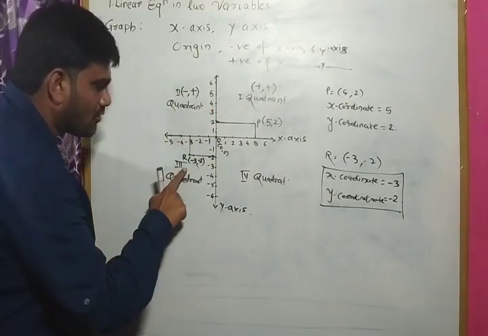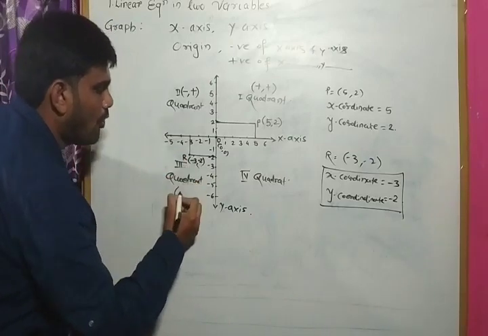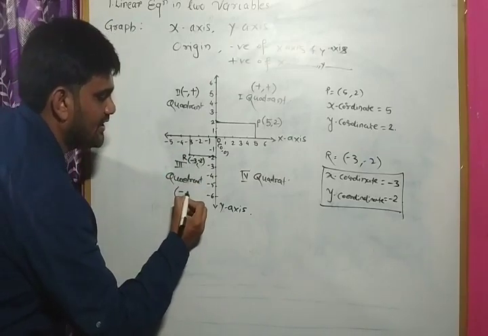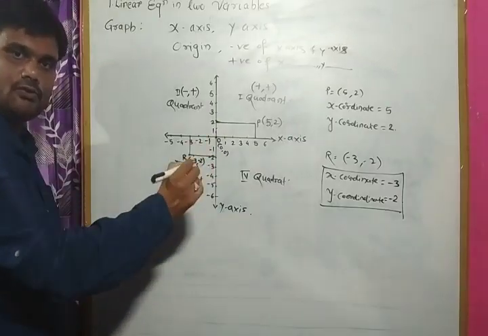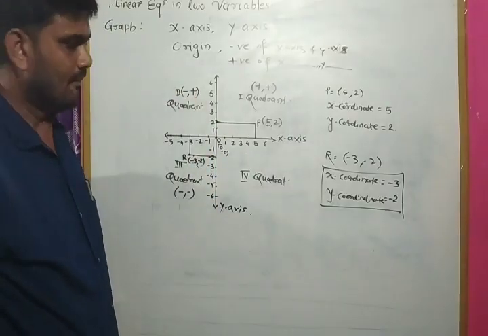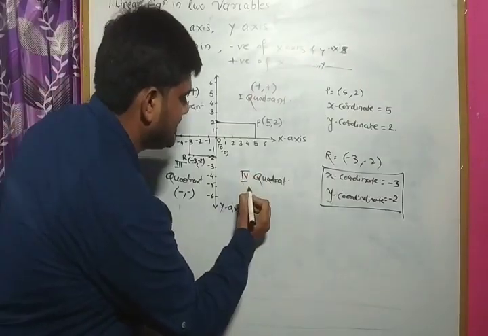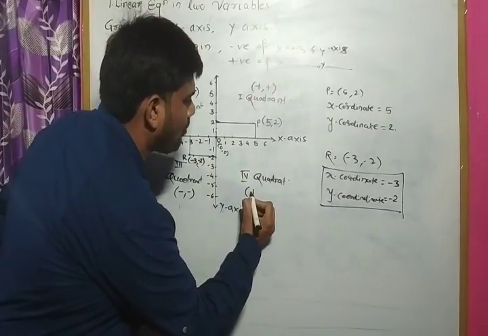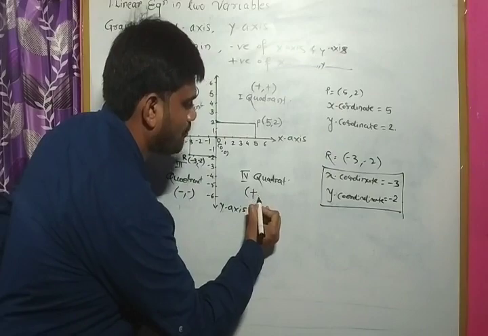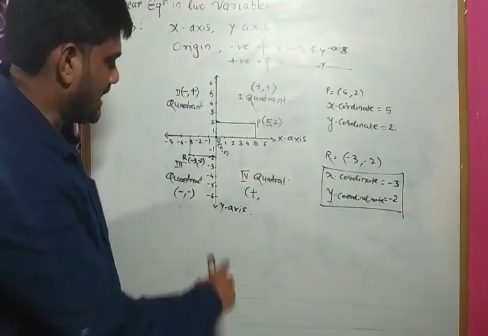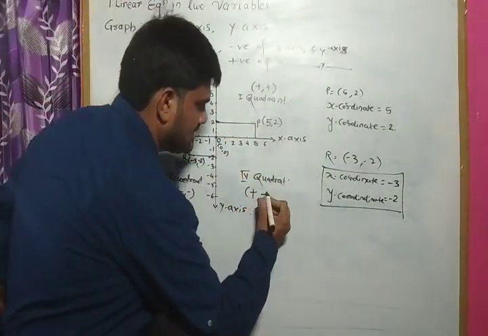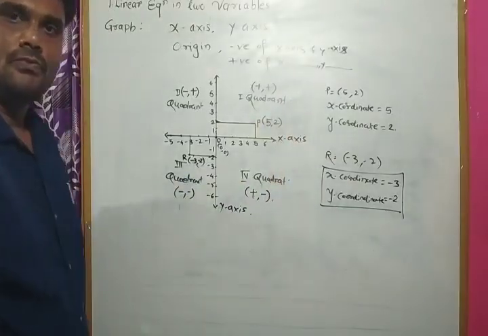For the third quadrant, both of the coordinates are negative, right? In the fourth quadrant, you can see the first coordinate is positive and the second coordinate is negative, right?